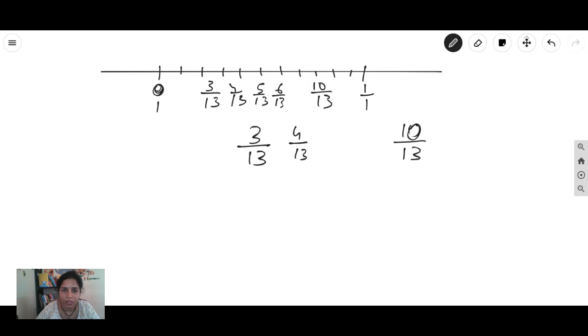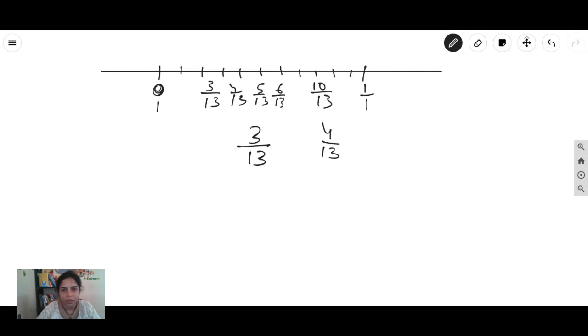So all those rational numbers from 4 over 13 to 9 over 13 can be in between. If both have common denominators and the numerators are a little farther away, all the numbers between 3 and 10 can come in the numerator and those rational numbers will be in between.